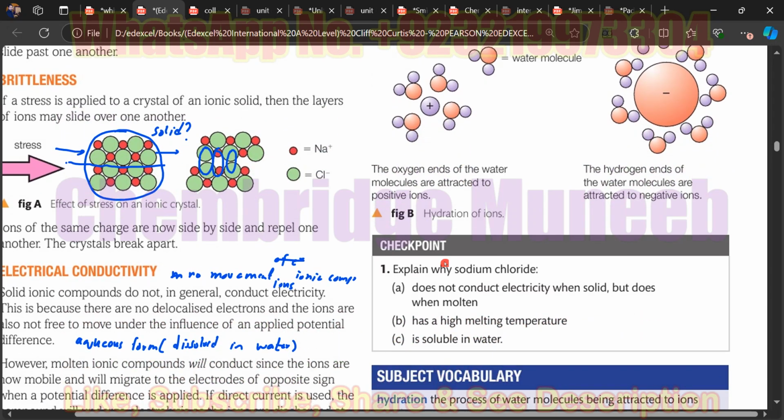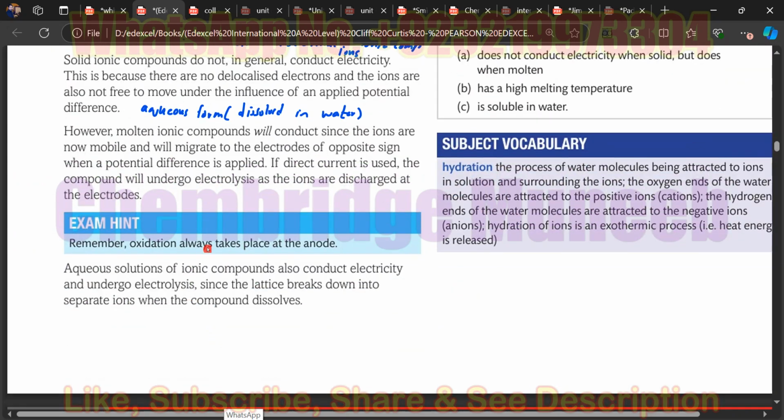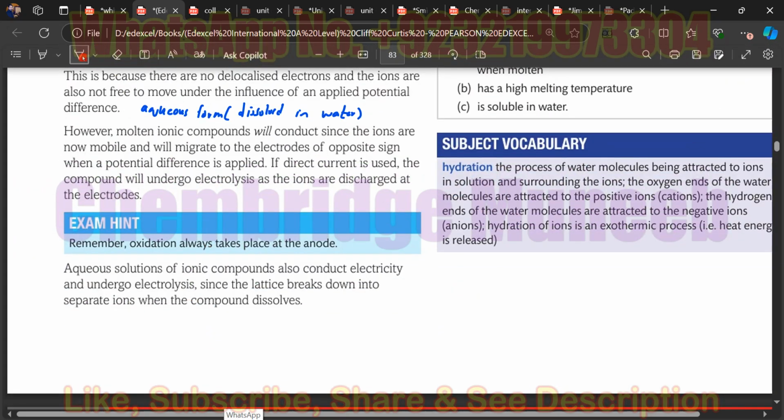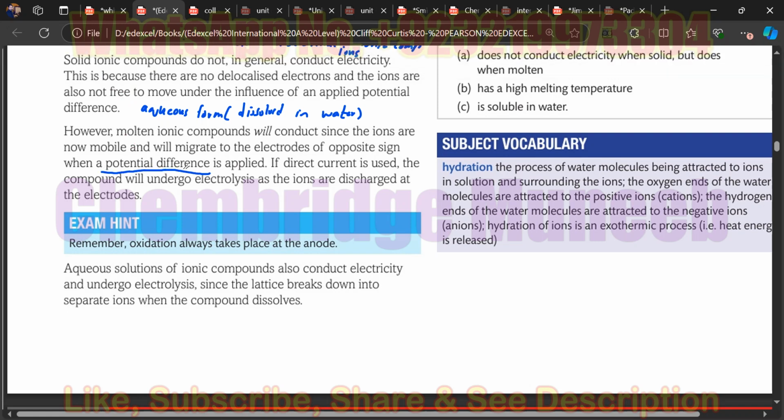As a result of the flowing of the ions, as a result of the applied voltage, you will need to apply the voltage to have electricity passing through the aqueous form or the molten form of the ionic compound. But in case of the molten form, there will be no water molecules, right?